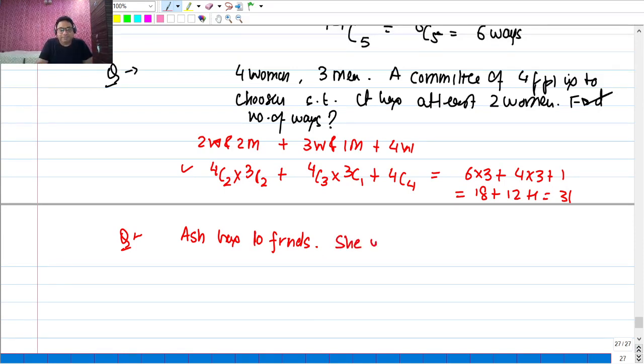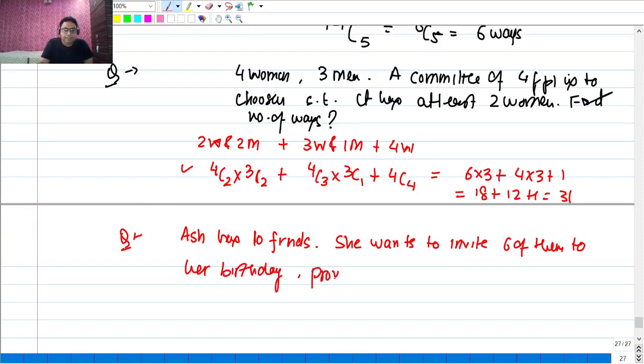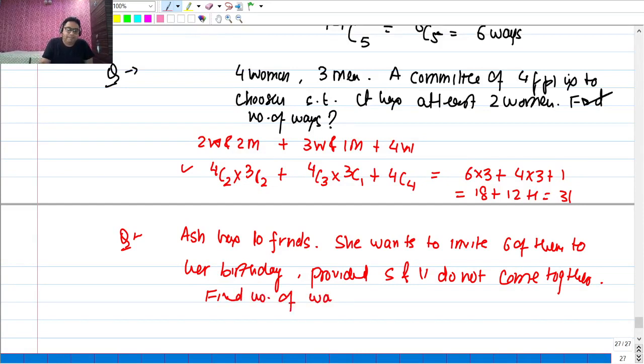She wants to invite 6 of them to her birthday, provided Salman and Vivek do not come together. Find the number of ways.